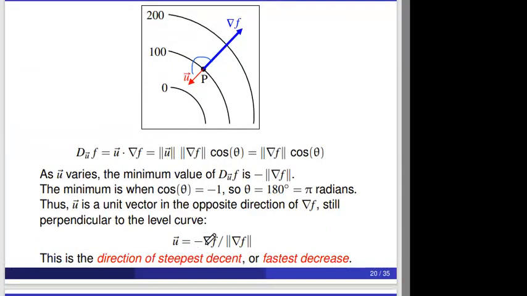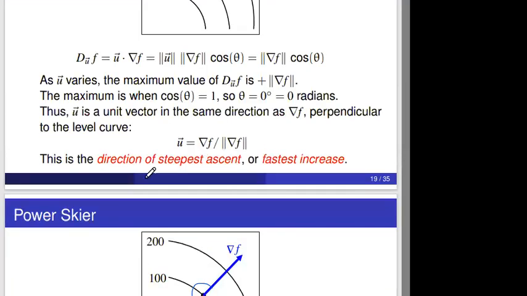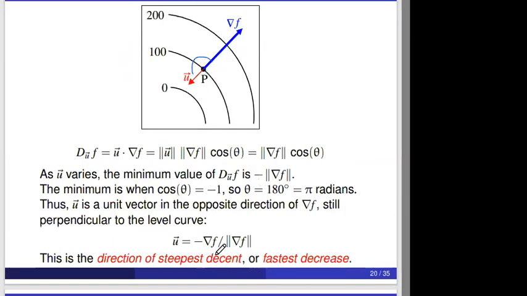This direction is called the direction of steepest descent. The previous one is steepest ascent, increasing. Remember ascending, steepest ascent, and steepest descent.